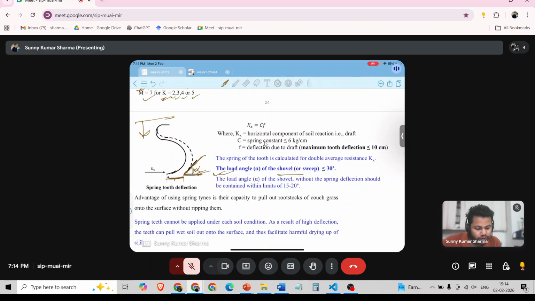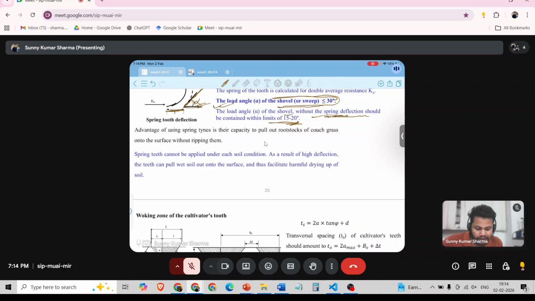Load angle in case of shovel or sweep type should be less than 30 degree. If that shovel or sweep has a spring, then it can be less than 30 degree. And if it is without a spring, then this load angle should be only 15 to 20 degree.